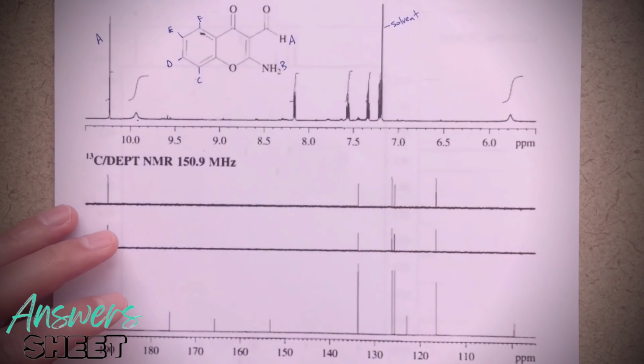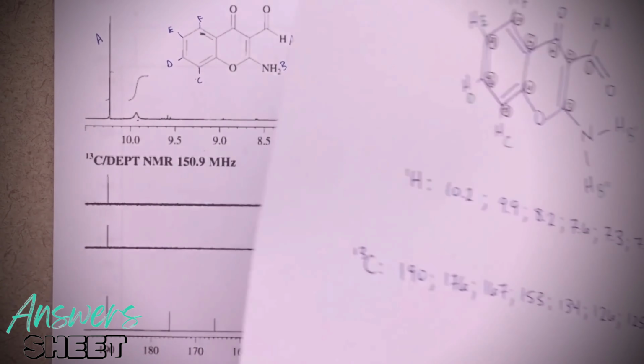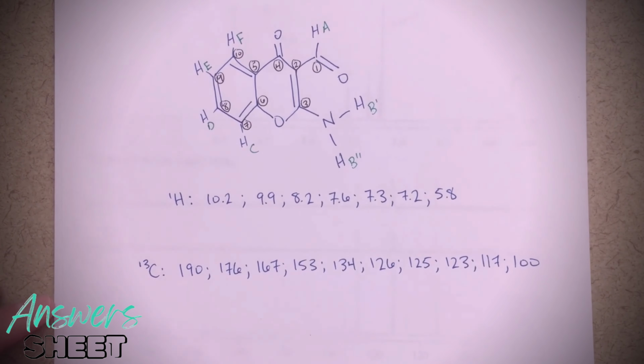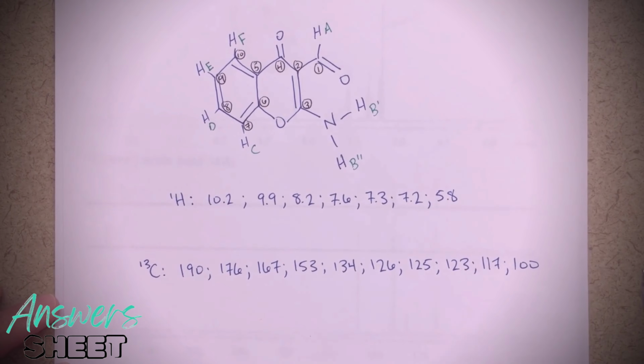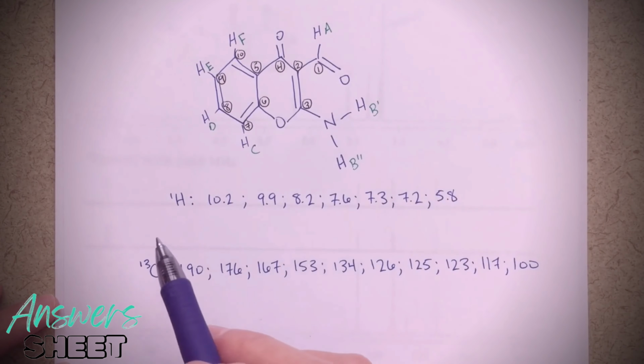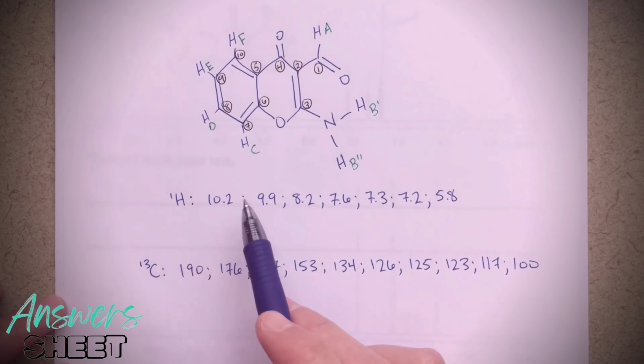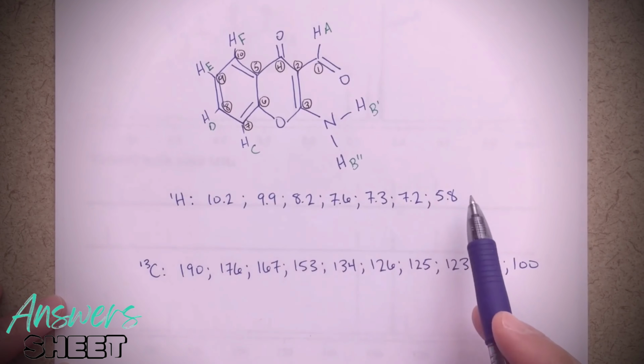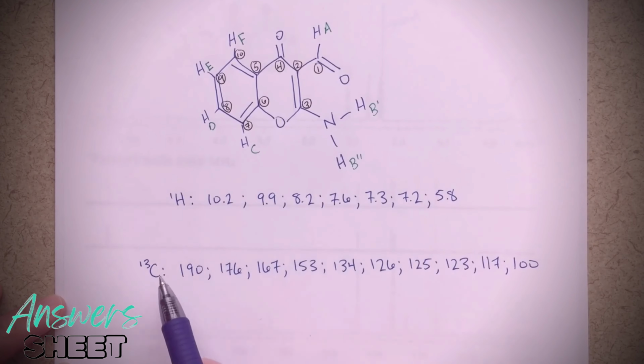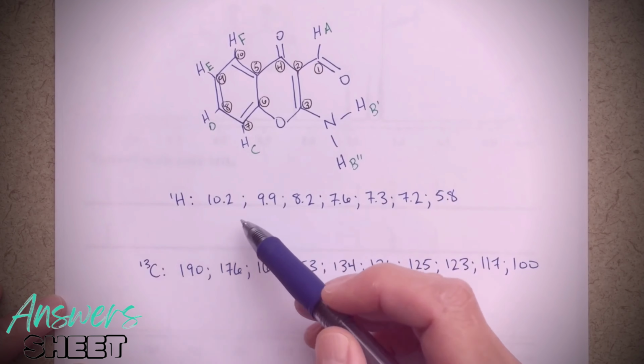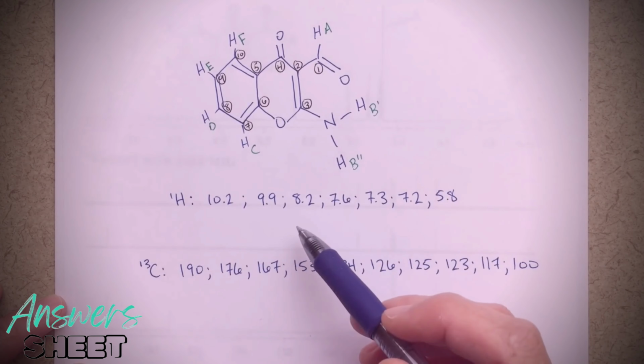All right, so let's go ahead and move right along. The other thing I'm going to show you before we get into the two-dimensional NMR is that I've organized this picture and the signals in this way. So I've got my proton NMR signals, where they come. These are the chemical shifts. And I've done the same thing for my carbon-13 NMR, and as we move along, I'm going to fill in what all of the assignments are.